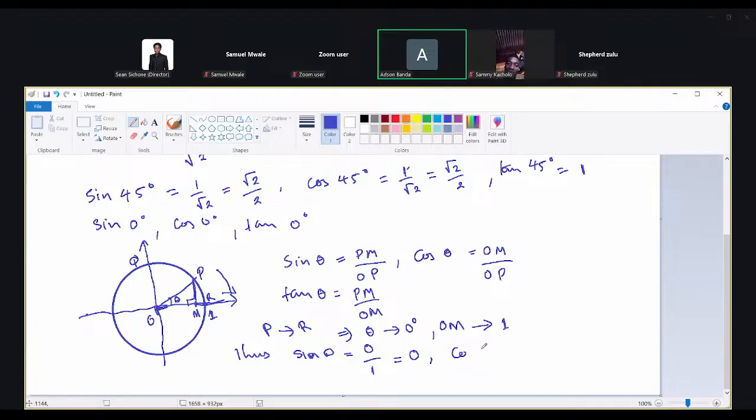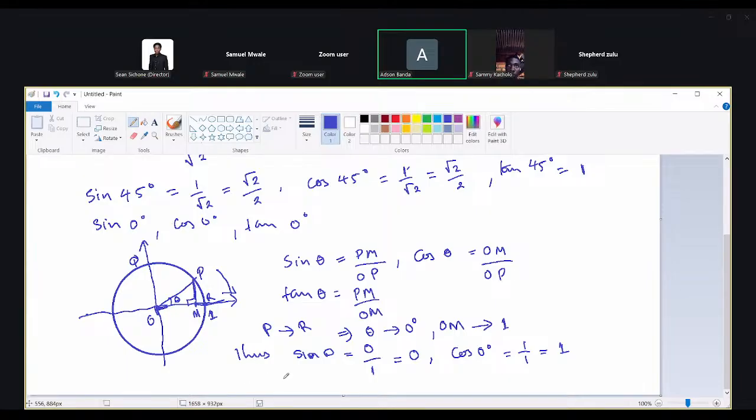Again, if you consider the cosine of 0, the cosine of 0 is adjacent over hypotenuse. So the hypotenuse will be equal to 1 as P will be on R, and the adjacent also is going to be equal to 1 because M will also be on R. So the cosine of 0 will be 1 over 1, which is equal to 1.